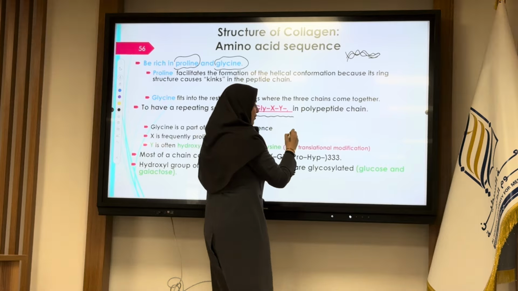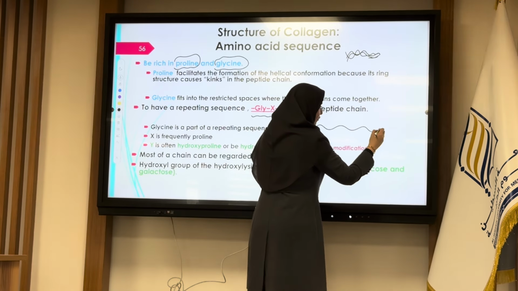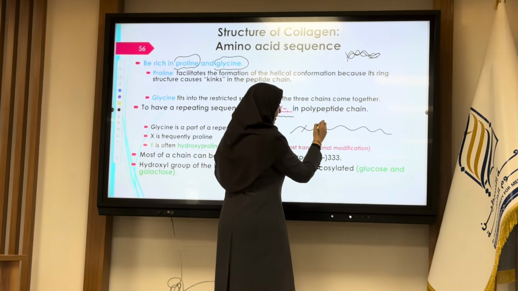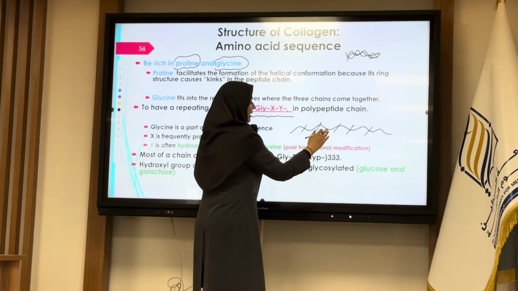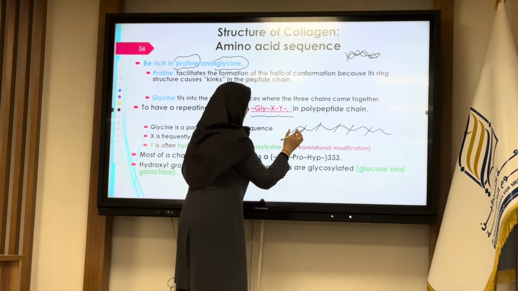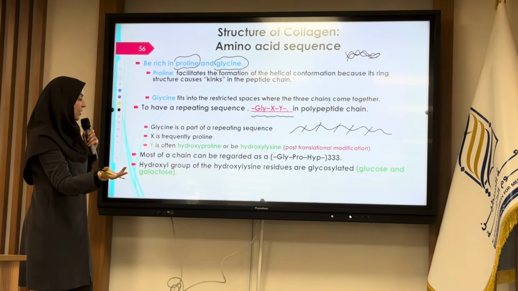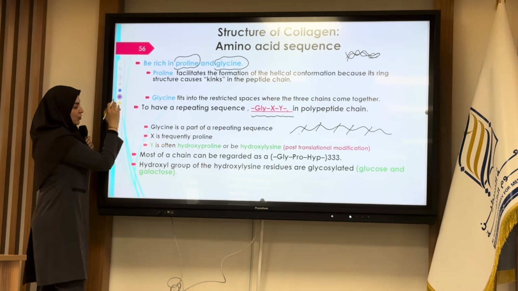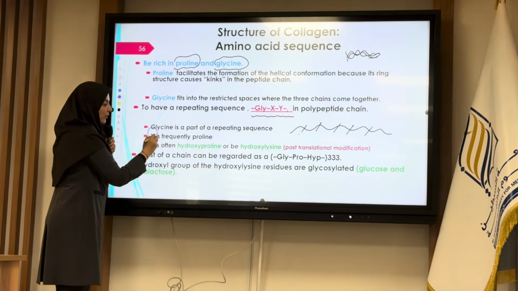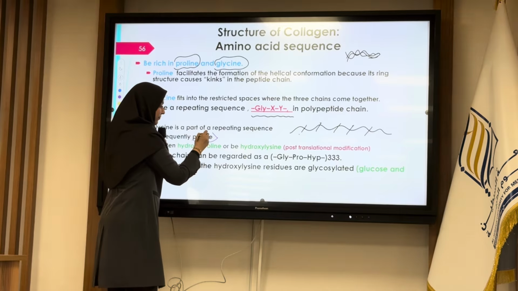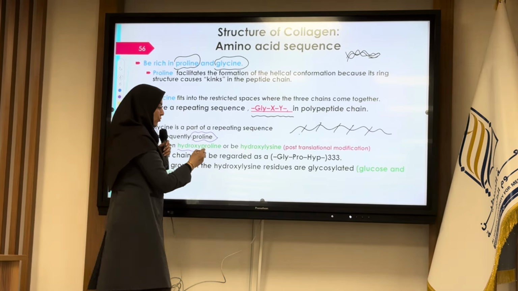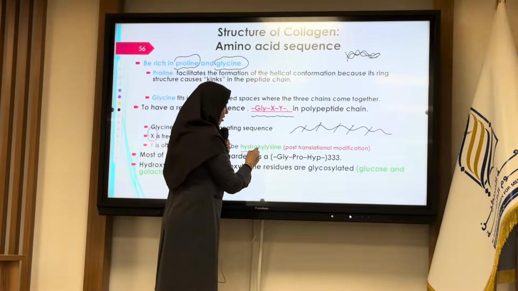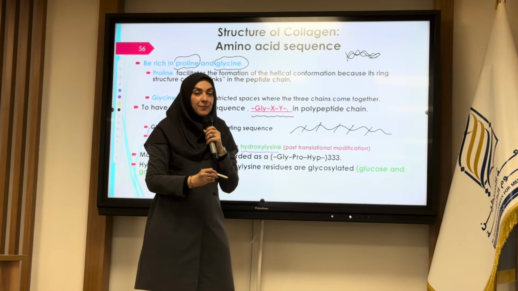If you evaluate the structure of the alpha chain, you have a repeating sequence: glycine X, Y, glycine X, Y, okay? So glycine is fixed. What is the X actually? X frequently is proline, and the Y is hydroxyproline and hydroxylysine.